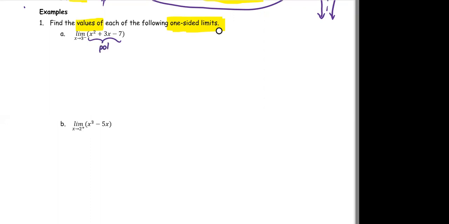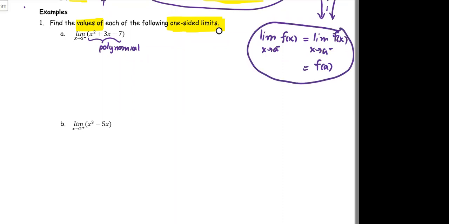So this is a polynomial function. For a polynomial function, the one-sided limit as x approaches a from the left equals the limit as x approaches a from the right, which equals the function value itself. So either side comes to the same value as the function value.